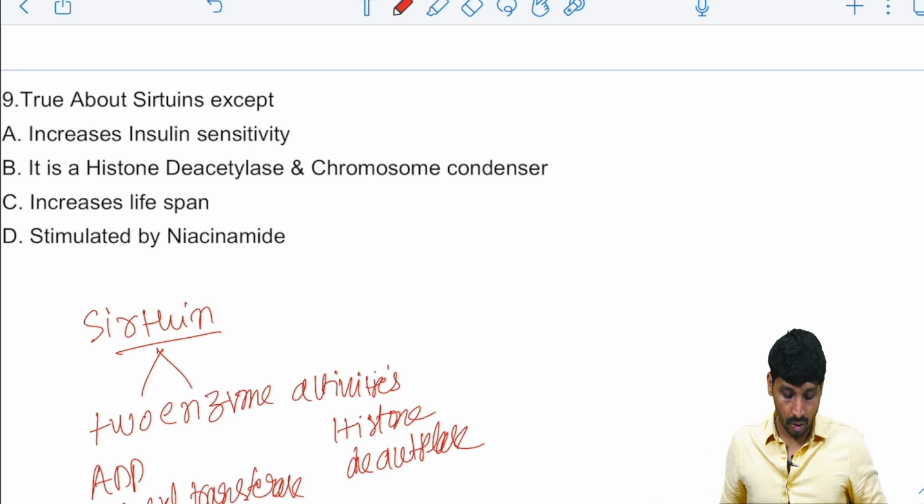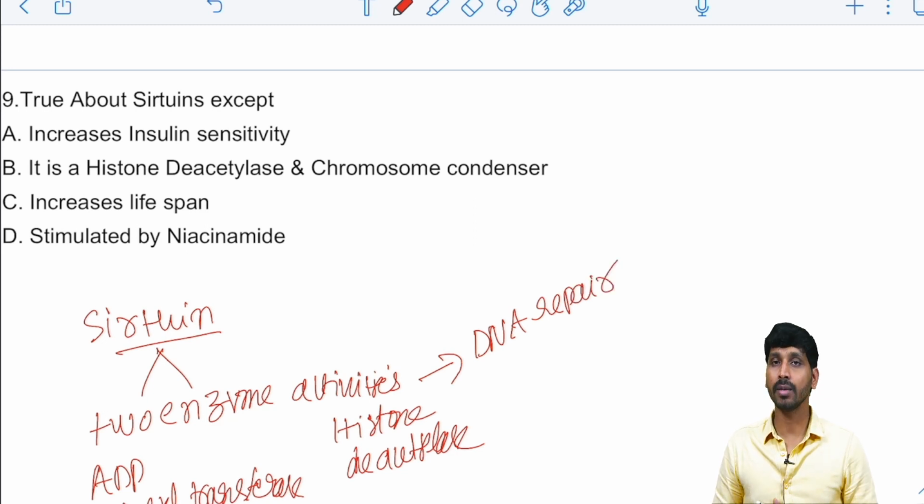So this mechanism helps in DNA repair. And ADP ribosyl transferase, again for cell synthesis, new cell formation, for that purpose, and it causes a delay in aging.